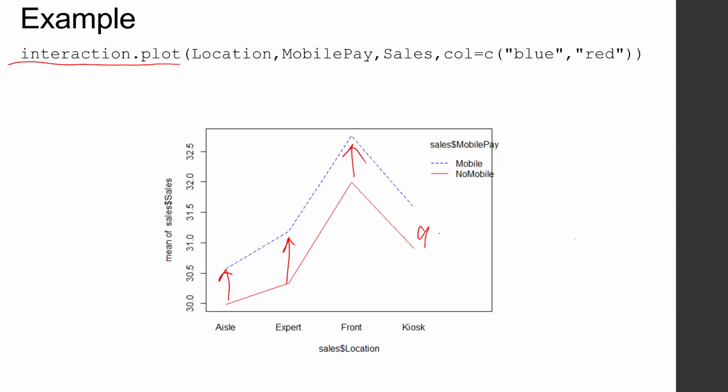So it looks like the top dotted line is mobile pay, and so it looks like sales in general are shifted up when you allow mobile pay. And it looks like the gain that you get from mobile pay is about the same no matter what location you're at in the store. And so that would indicate that there's not an interaction. It looks like it's just an additive effect.